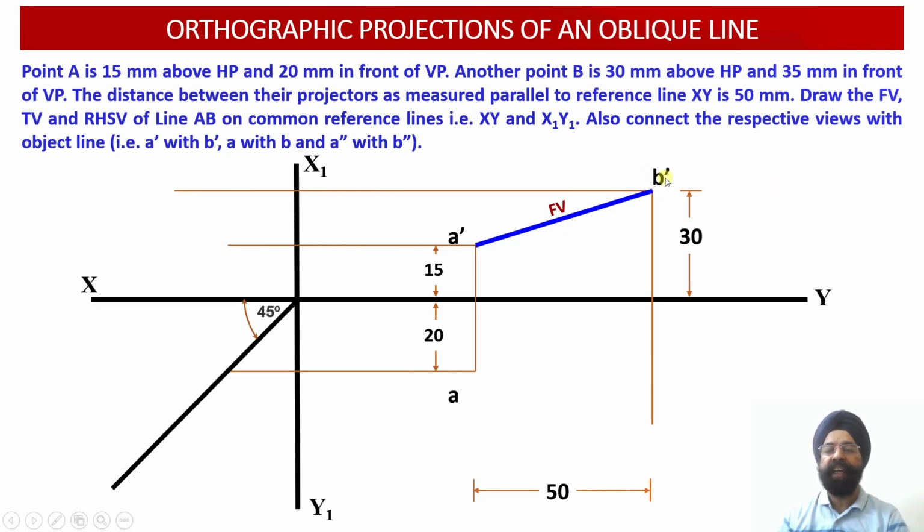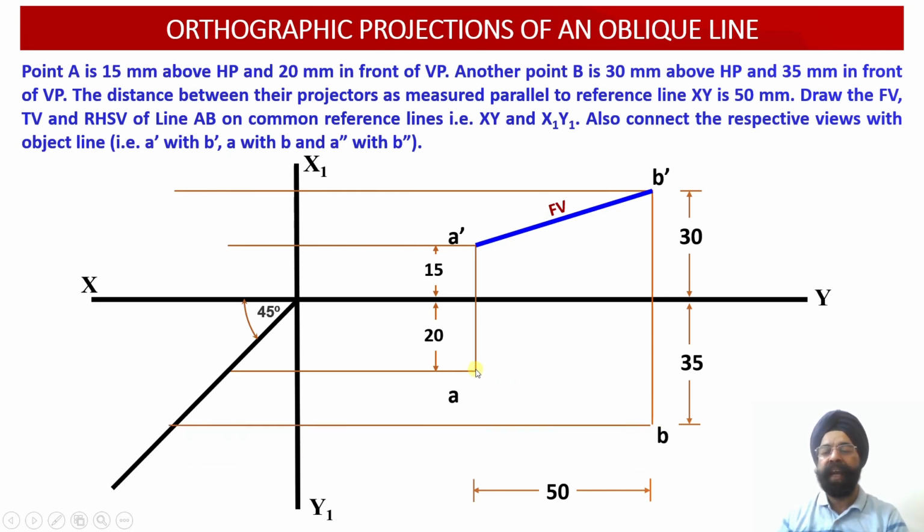Now, having located the front view corresponding to the point B, that is point B dash, we will proceed with the evaluation of the top view projection of the point B. We know that the distance of the point B from the vertical plane is 35 millimeter. So now we are going to mark this distance of 35 millimeter below the XY reference line. So the point B coordinate in the top view will be located.